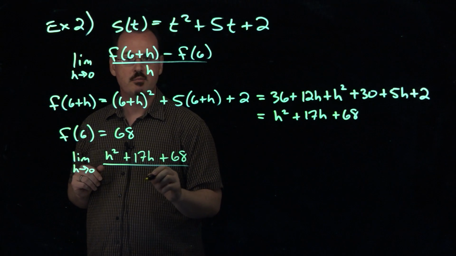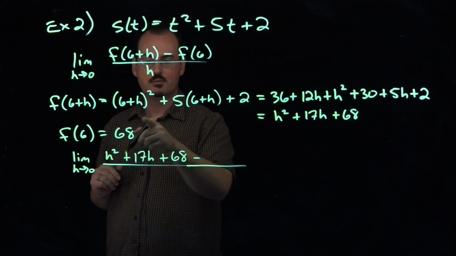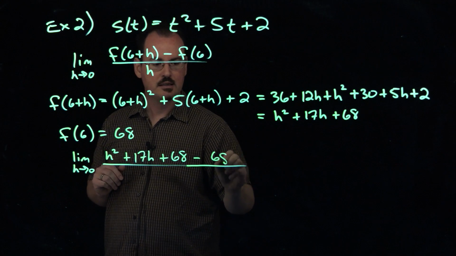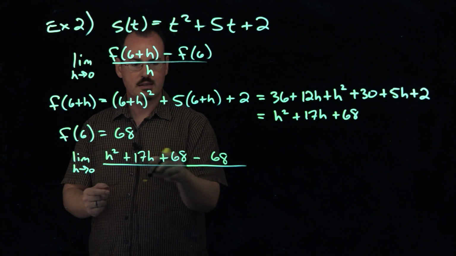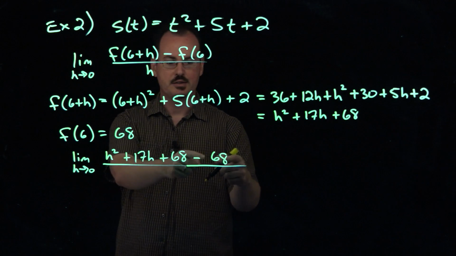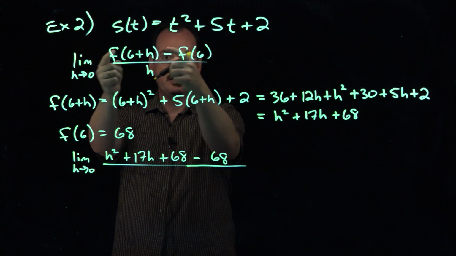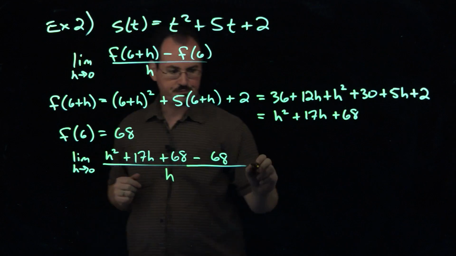And then, oh, sorry, I've got to do a little bit more. This is going to be minus, then we have to subtract off that 68. So just so we're clear, these three terms here, that's f of 6 plus h, and then the minus, that's f of 6. So we're just plugging into that formula right there. And then this is divided by h.